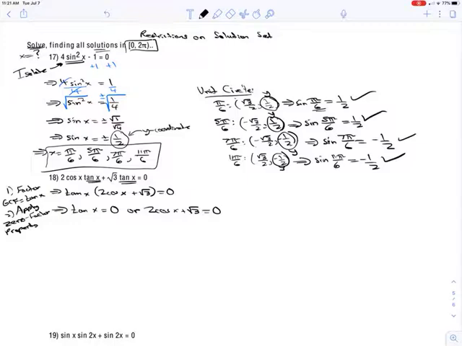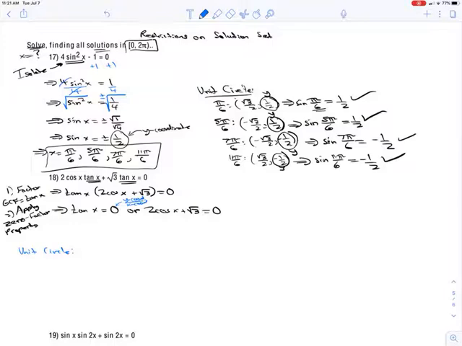So when is tangent of x equal to 0? You think about your unit circle. We need our y-coordinate divided by our x-coordinate to be 0. So again, on the unit circle, between 0 and 2 pi, when do we have a tangent value of 0? That means our y-coordinate would need to be 0, because 0 divided by anything is 0, except the number 0.